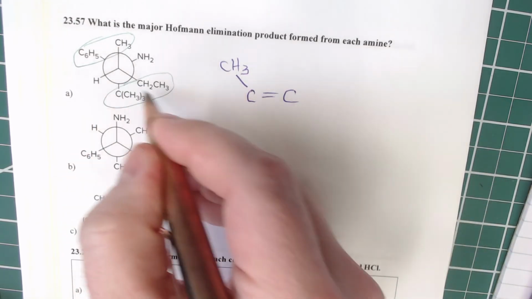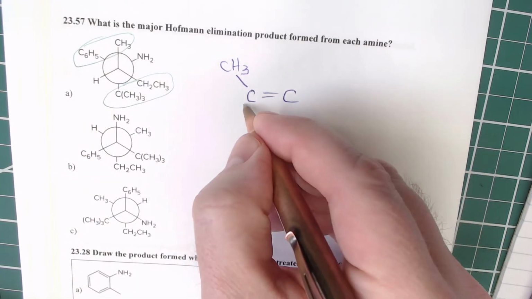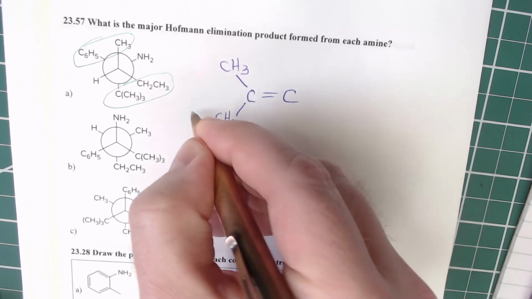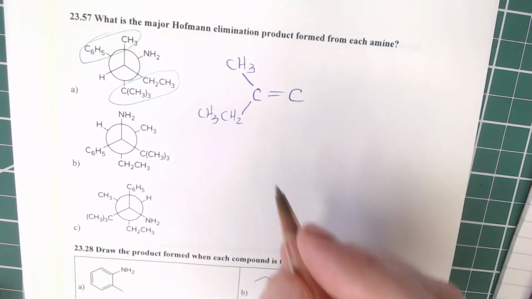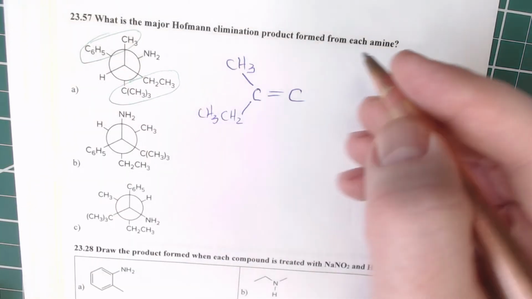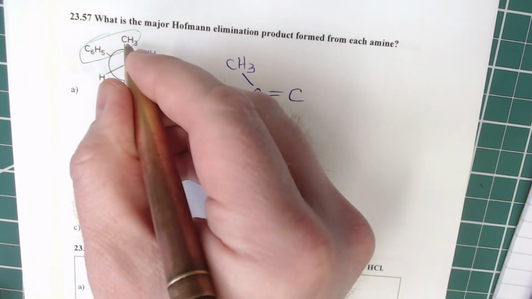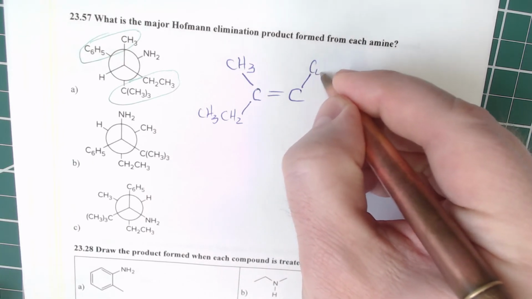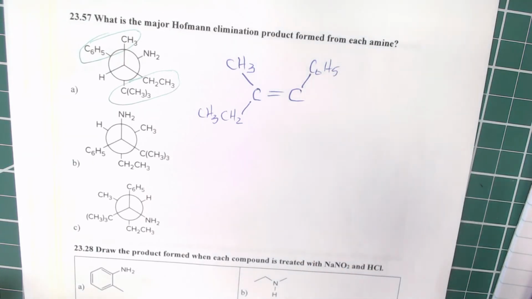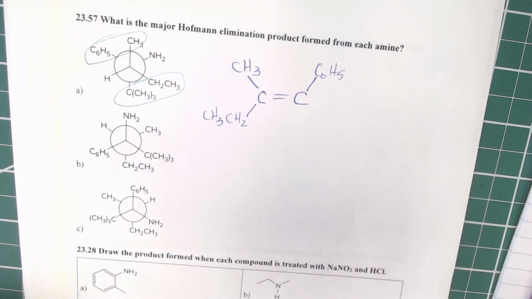Okay. And on that front carbon, we also have an ethyl that is attached to it. All right. On the back carbon, we've got this phenyl group, which is on the same side as the methyl. So we'll have a phenyl group, which is C6H5. And I'm just going to write it as C6H5 rather than write out the whole phenyl group.